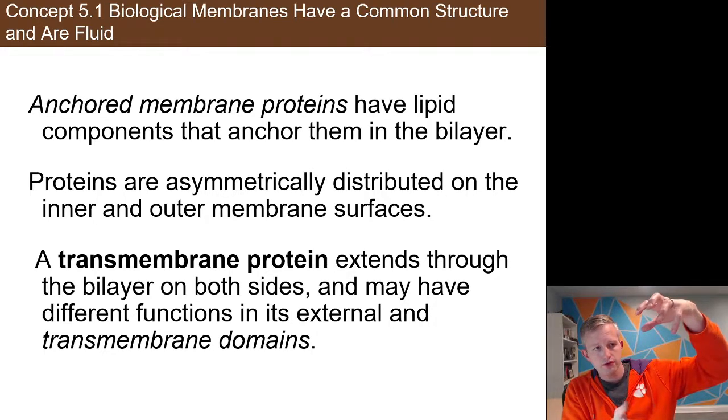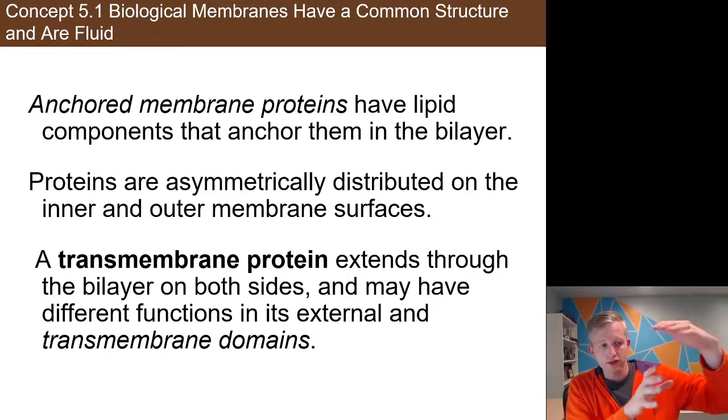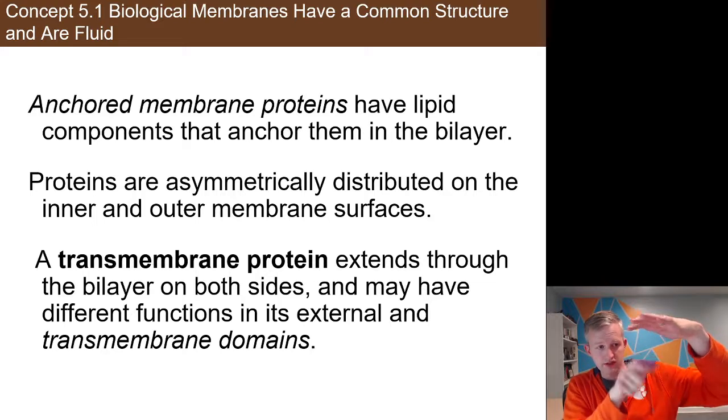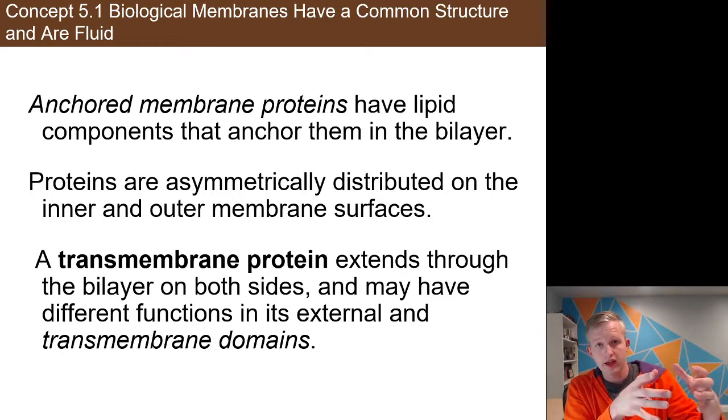Now this would be a protein that if it was inserted into a membrane would kind of like to just sit there, and it might bob up and down, but it's going to stay in place because the middle, which has non-polar hydrophobic amino acids, remember the R groups can be any number of different things. So if we have a whole bunch of amino acids in the middle of this protein with R groups that play well with non-polar inside of the membrane, then it's going to hang out there.